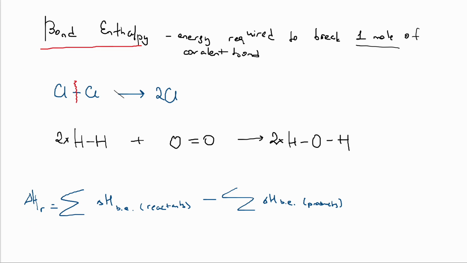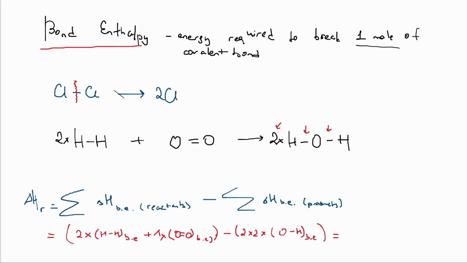For this reaction it will be 2 multiplied by the hydrogen bond enthalpy, plus 1 multiplied by the oxygen double bond enthalpy, and minus, we'll open a bracket, and as we have 2 OH bonds in each water, we need to multiply by 2, so 2 multiplied by 2 multiplied by the OH bond enthalpy.